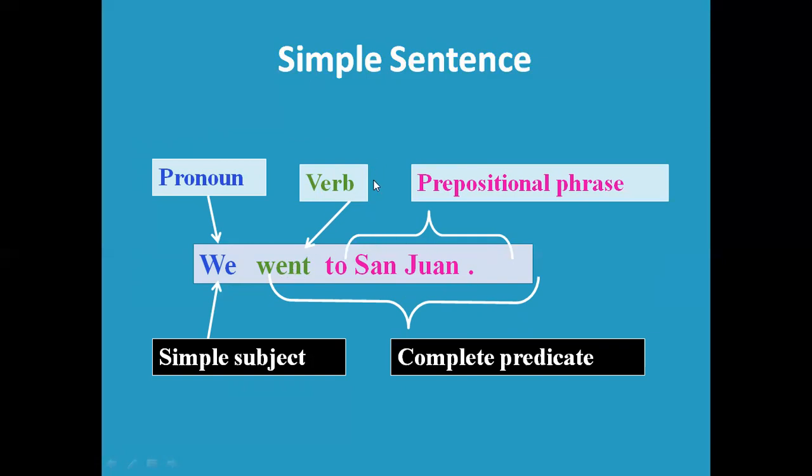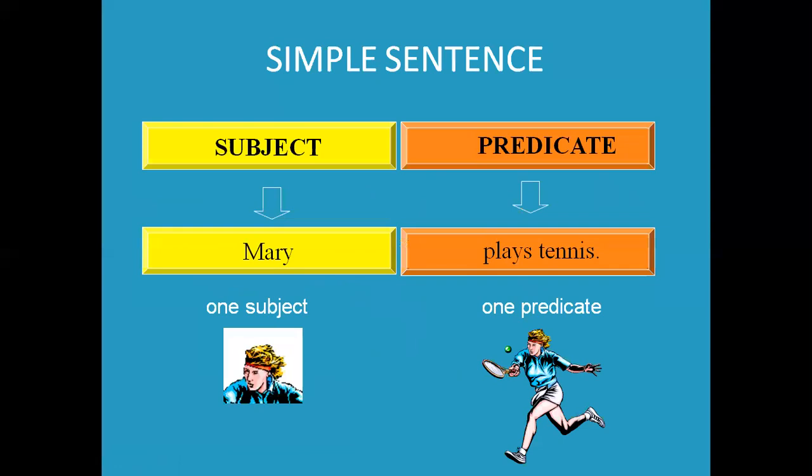Went is a verb, and to San Juan is a prepositional phrase. Even this sentence consists of a verb and a prepositional phrase as the complete predicate. That is the simple sentence, and we can call it a simple sentence.